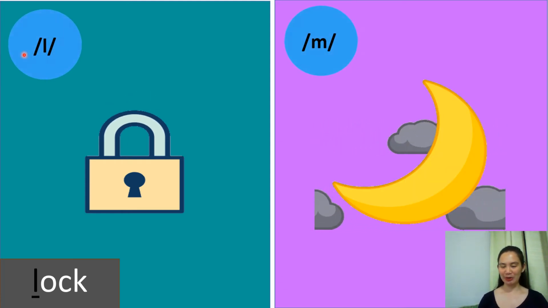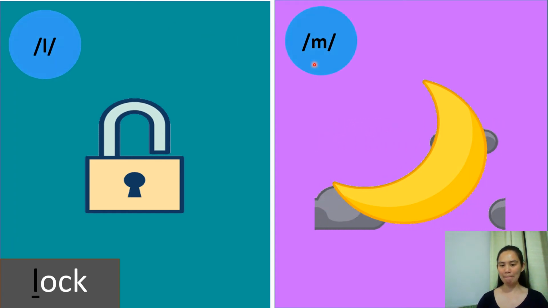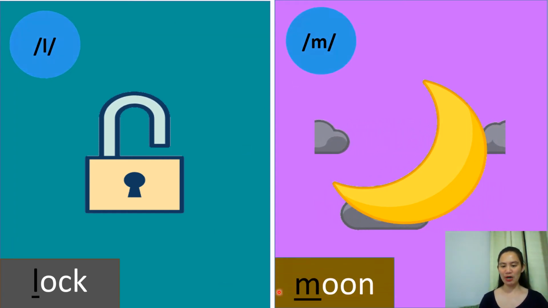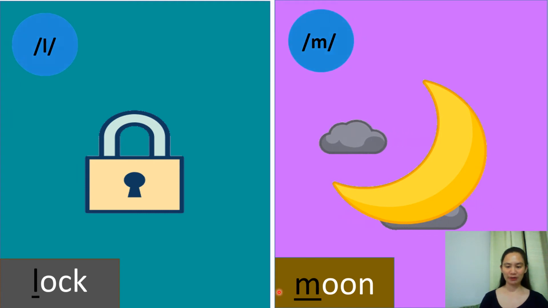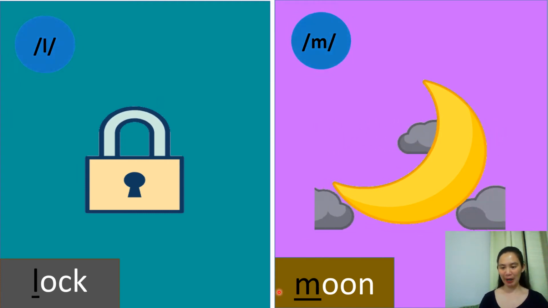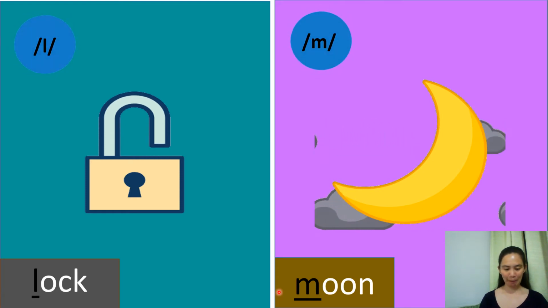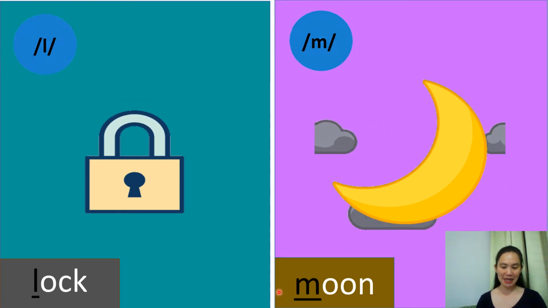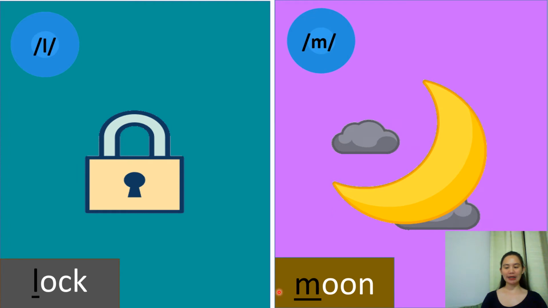Next sound, we have the sound of M that can be heard in the word like moon. The same sound can be heard in words with letter M at the beginning. We have the words me, met, and most.